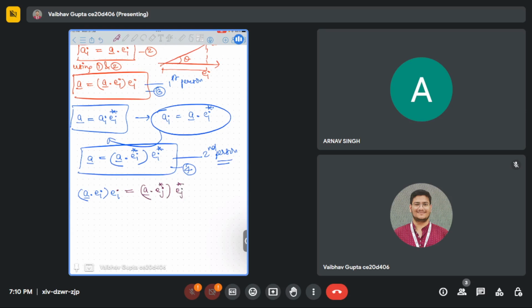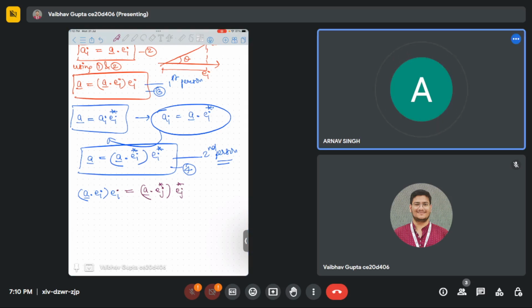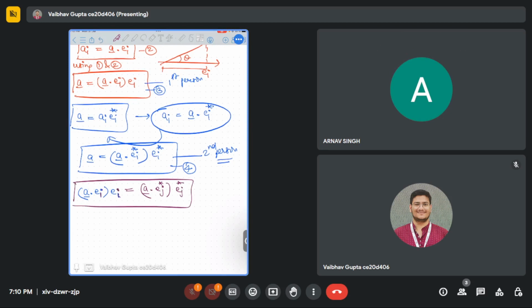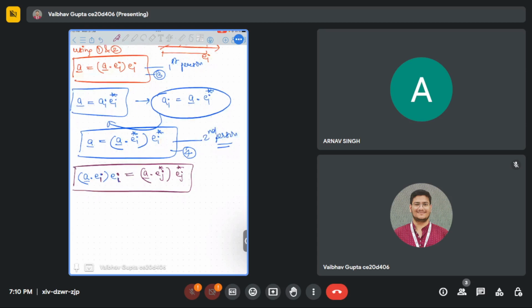I can differ I and J, like EJ also I can write, just to separate them out. This is not the same; it depends upon us only. These both are the same.